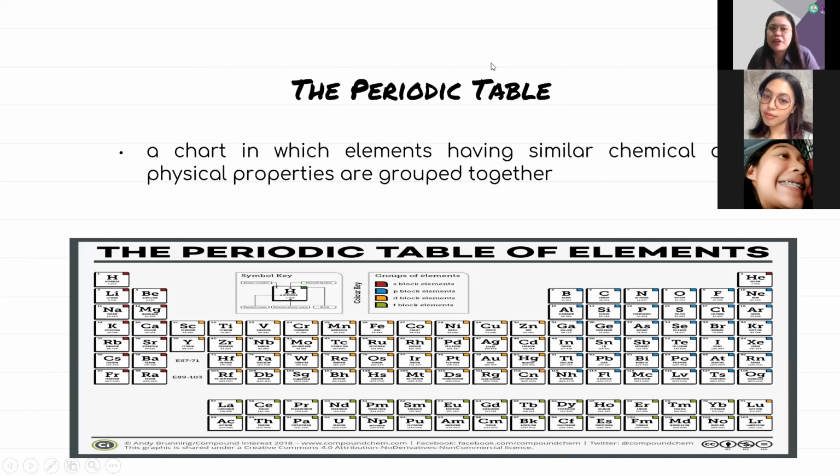We have now the periodic table. So you have your own periodic table there. You are allowed to use that in our quizzes and even in our exam. But I simplified it. That is why it was made in your laboratory, because the original one has a lot of information. Aside from atomic number and atomic mass, you can also see the electronegativities of each element. So that is too much information if we use the original periodic table.